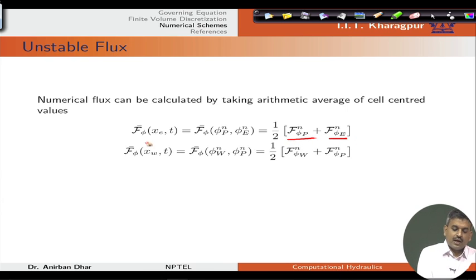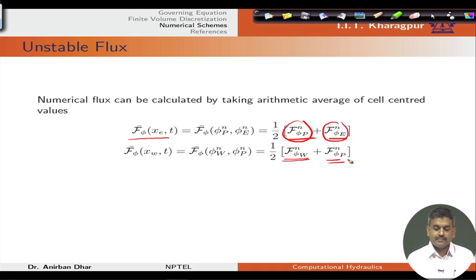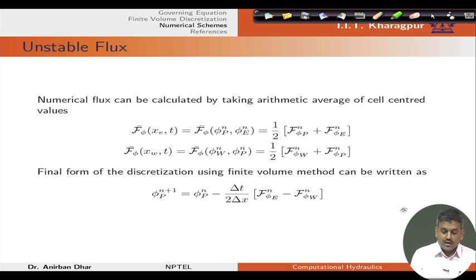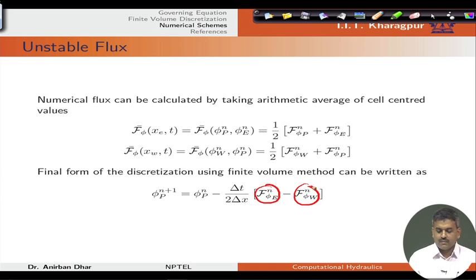So, at the east face we can consider the flux for phi P and the flux for phi E, and we can take the average, and at the west side also we are taking the average of flux values of W and P. Now, this is the first-hand approximation. In our numerical discretization, only the flux values for the east face and west face will be required for this calculation, and the 2 is coming here.